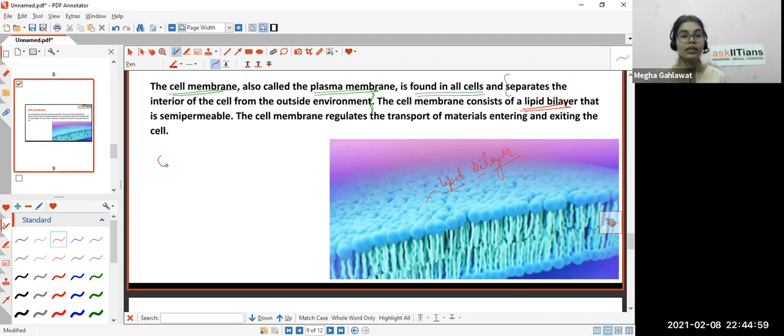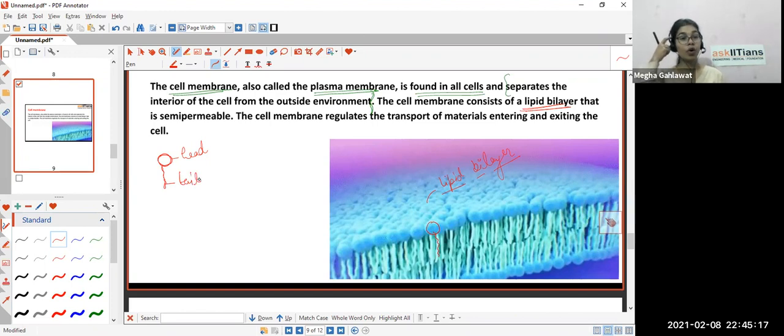It basically has a component like this. What you see right here is the head of the lipid molecule. See, so this is the head and this is the tail.